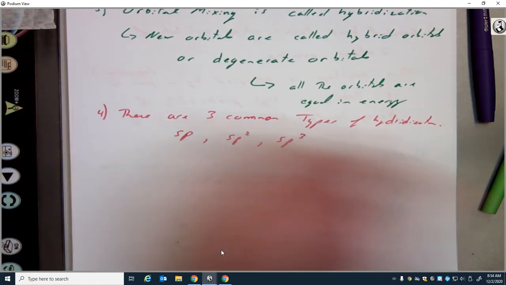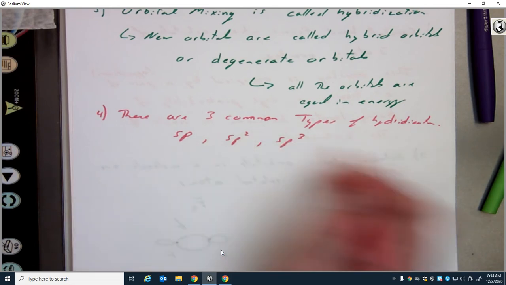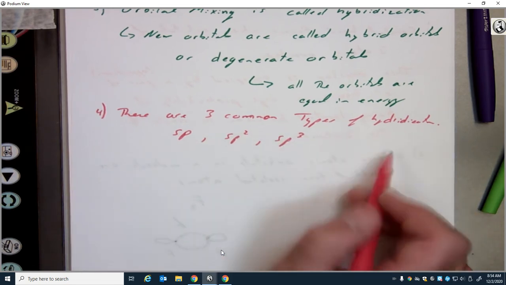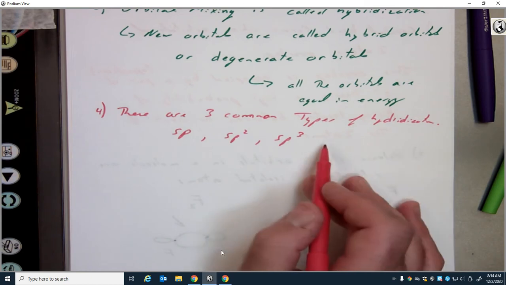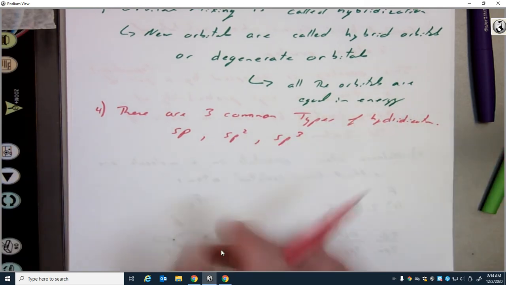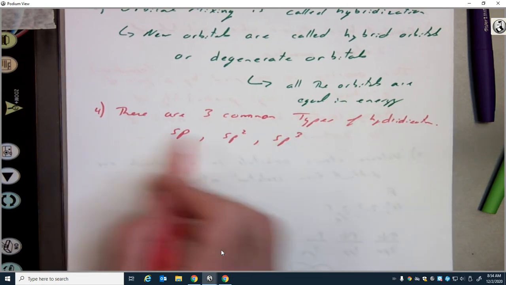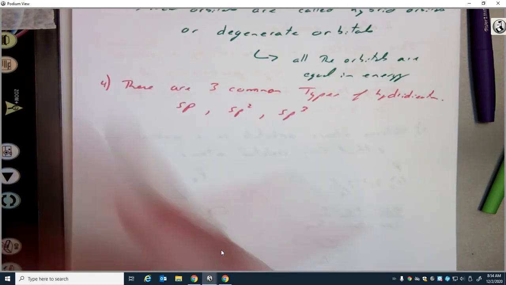There actually used to be more. We thought there were 5. It turns out the model that we used to use, the 2 extra hybridizations, don't work anymore. We'll talk about that at the end, but we're going to focus on these 3 types of hybridization.